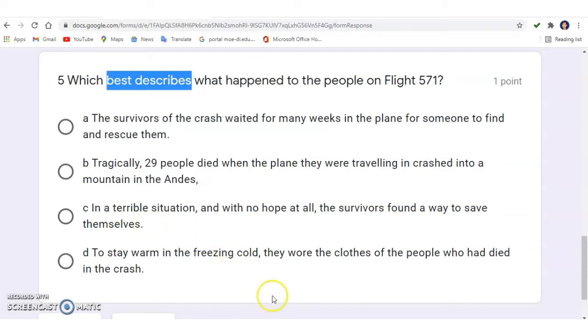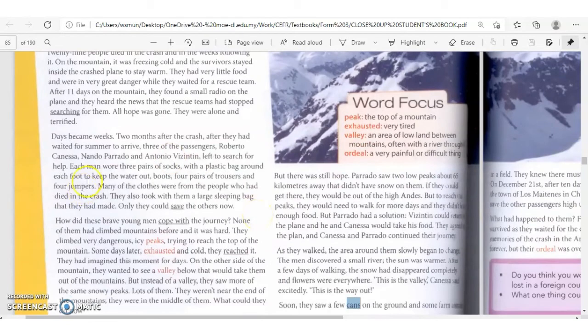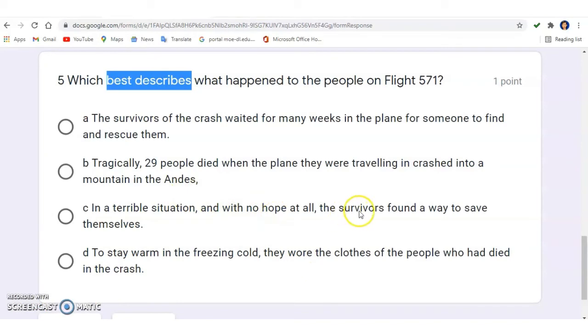Yes, correct. In fact, most of the story, from paragraphs 3, 4, 5, 6, and 7, mentioned how they found a way to save themselves.